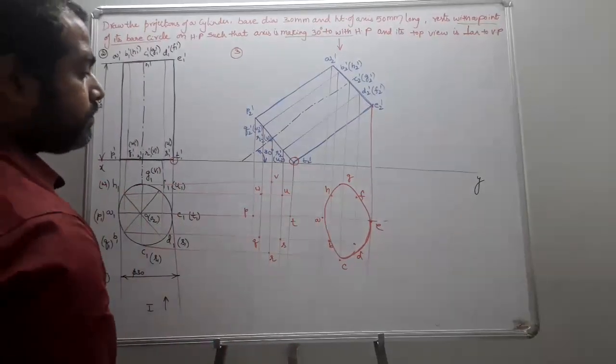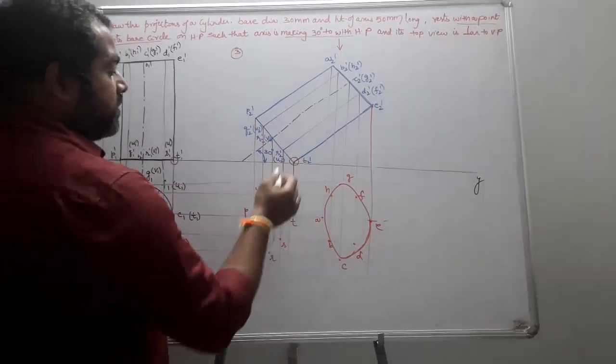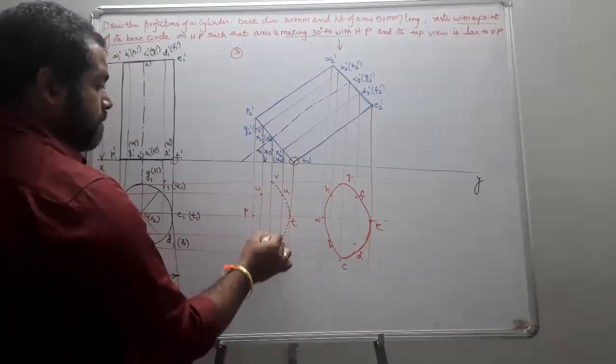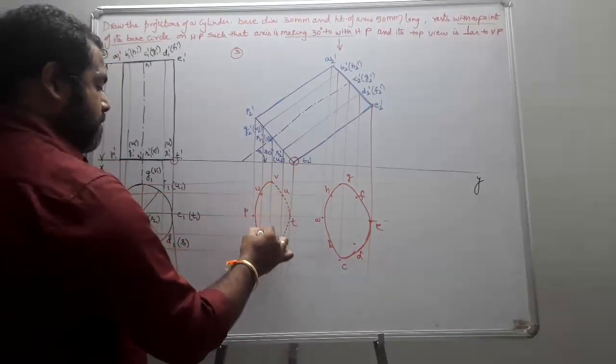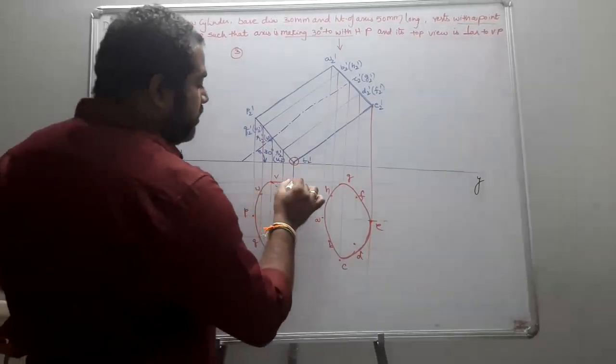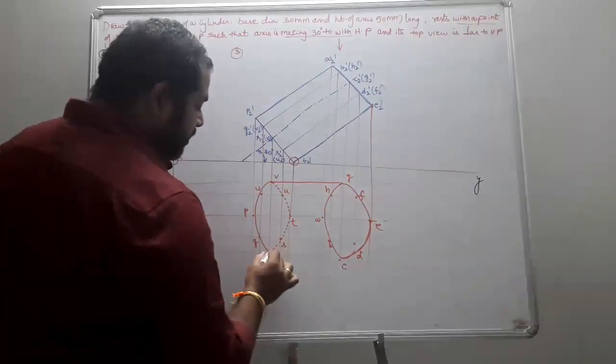Okay. So the farthest point is T, and this is a cylinder. I just join only the end generators.